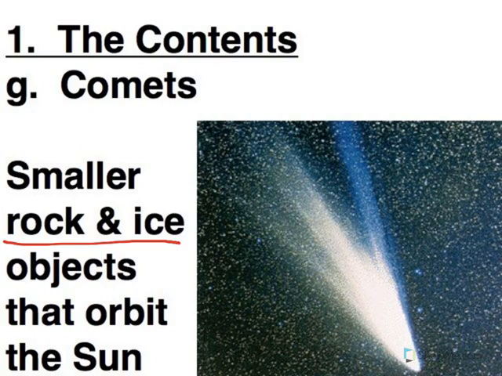These orbit the sun. They are typically found farther away from the sun, out where Pluto is and beyond. And it's only if their orbit gets altered that they'll head in towards the sun and start to develop this tail that we see. Normally a comet doesn't have a tail.